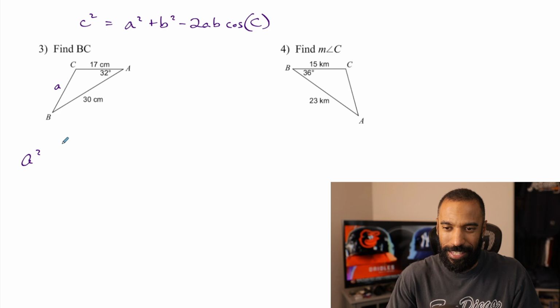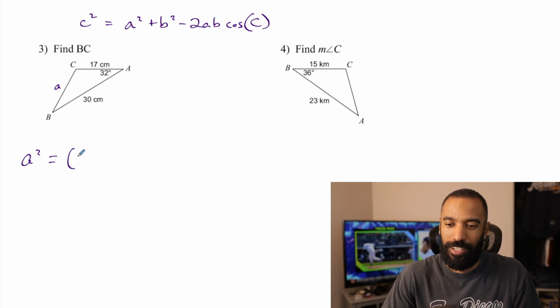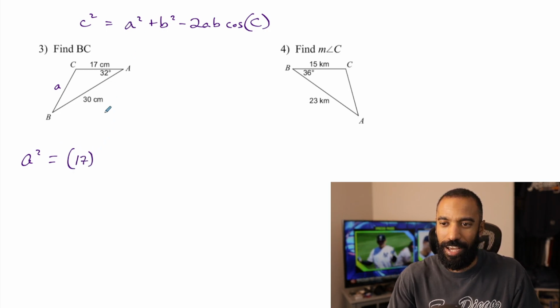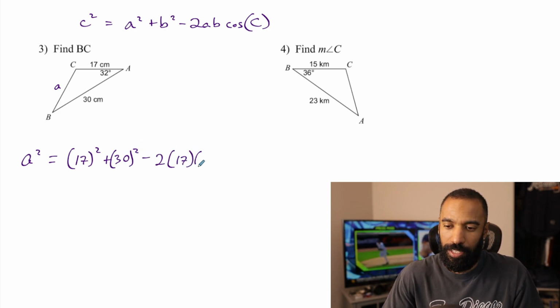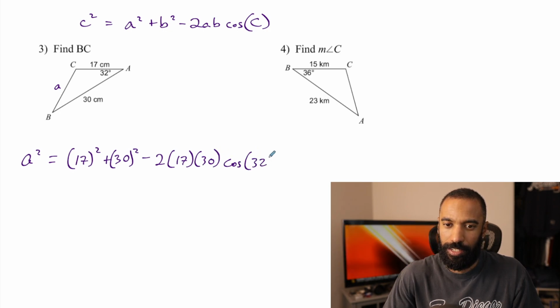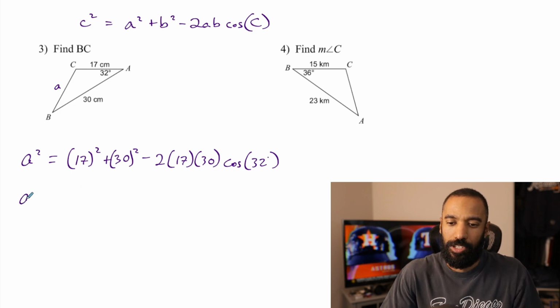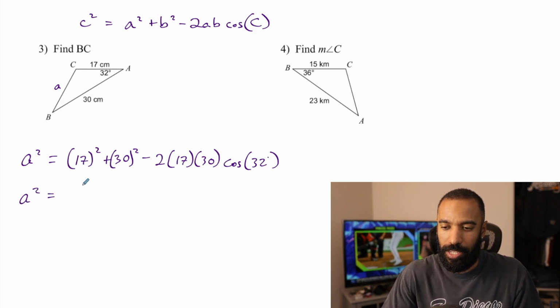A squared is my C squared equals 17 squared plus 30 squared minus 2AB, or 2BC, 30 times the cosine of the included angle, which is 32. A lot of this I like to do in my head, and then I use the calculator after.